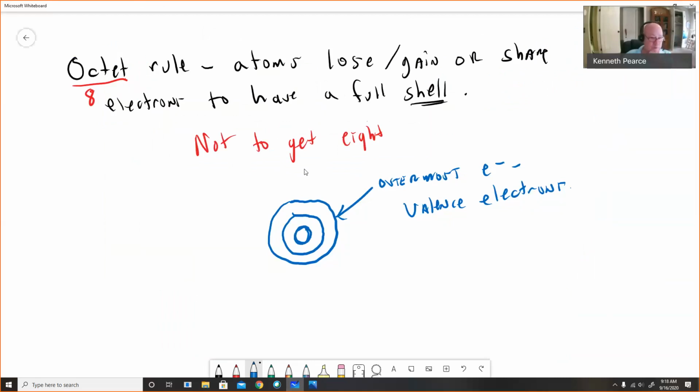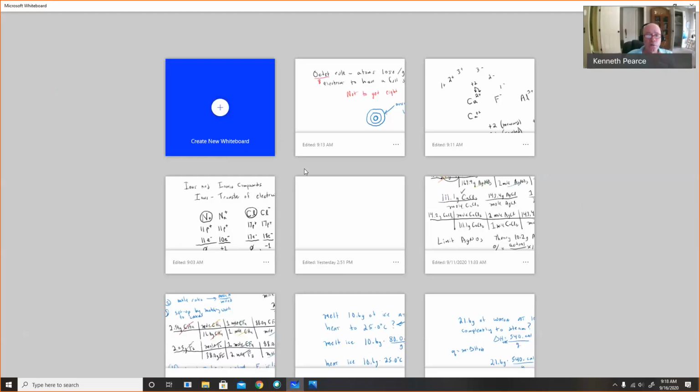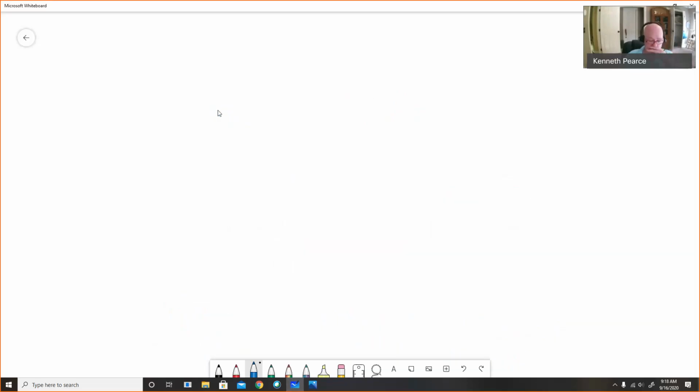Now, one more thing, we have to have 2 definitions here. When we do have ions, they have a generic name. These things are called ions, which means they have a net charge, positive or negative.